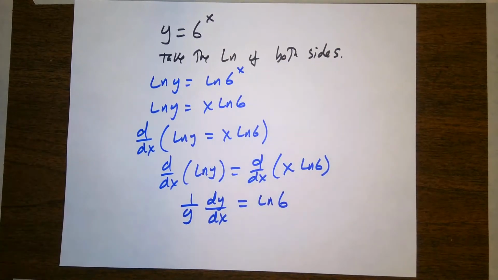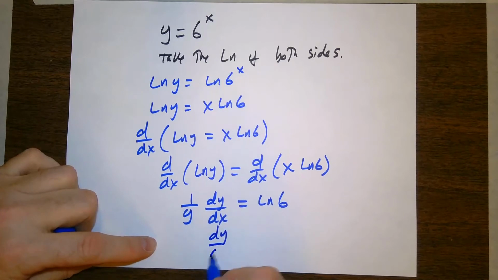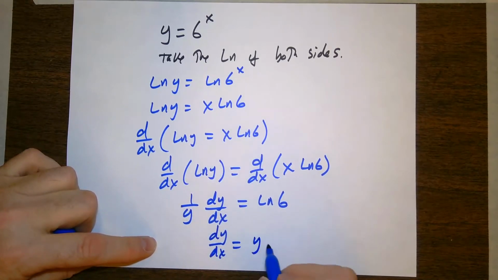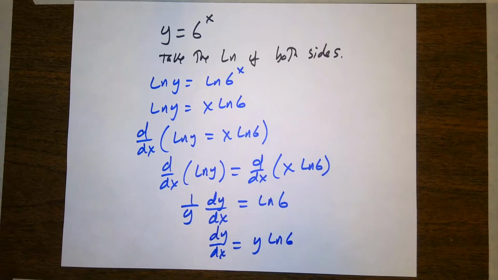Natural log of 6 is just a constant here. If I want to solve for dy dx, dy dx is y times the natural log of 6.